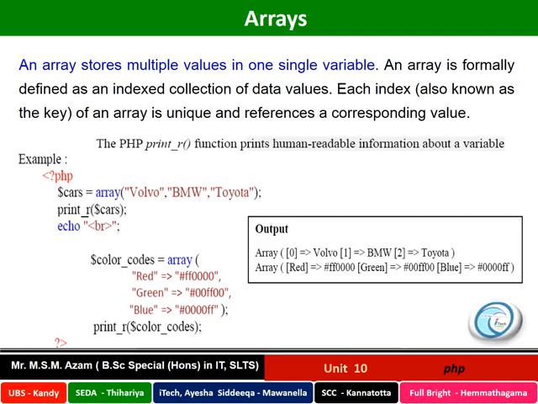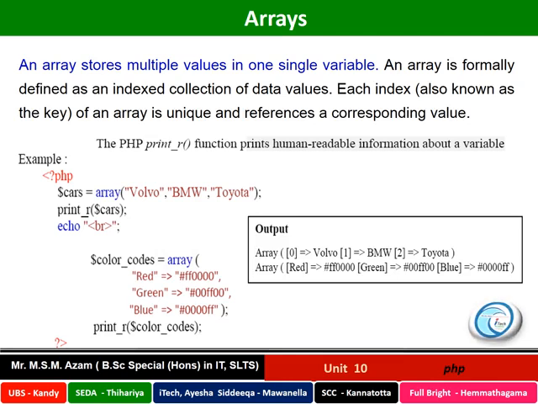That means I have created the variable called cars as an array variable. An array can store multiple values under the same variable name. Accordingly, I have stored 3 values inside the array. The values are Volvo, BMW, Toyota.